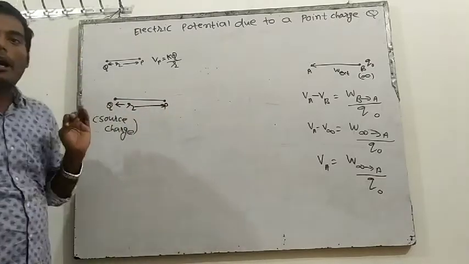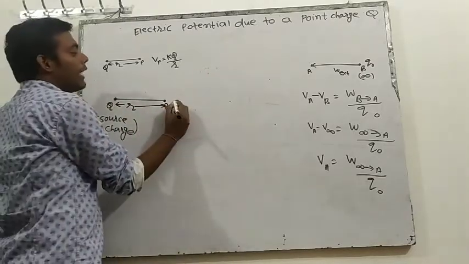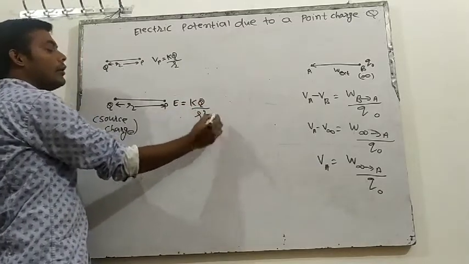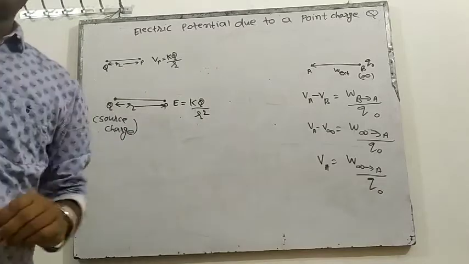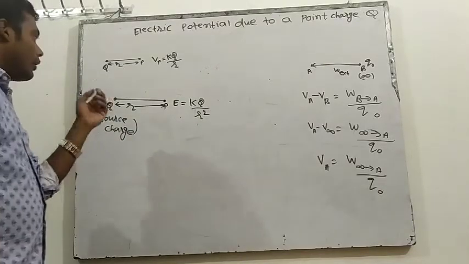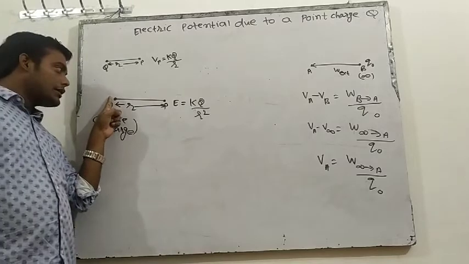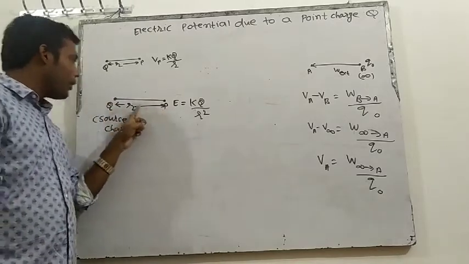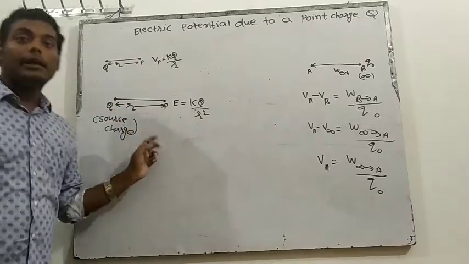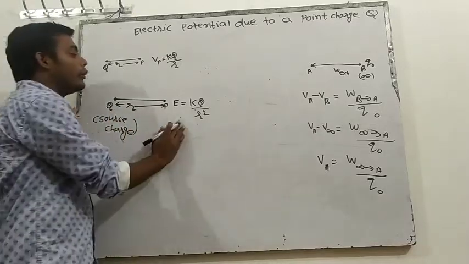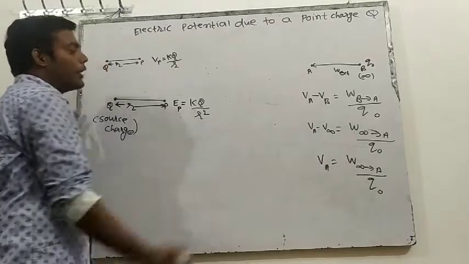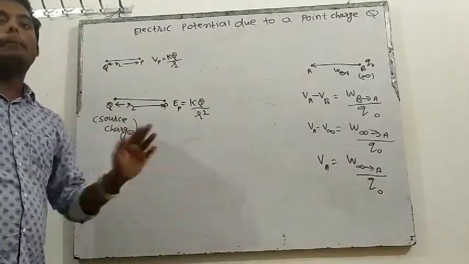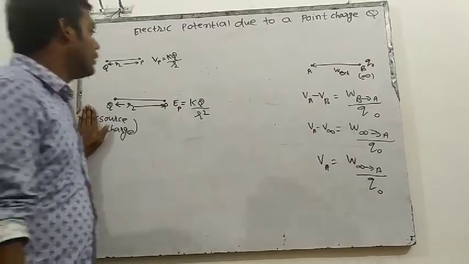Then the electric field at point P will be equal to KQ by R square. This we have derived in our previous chapter.